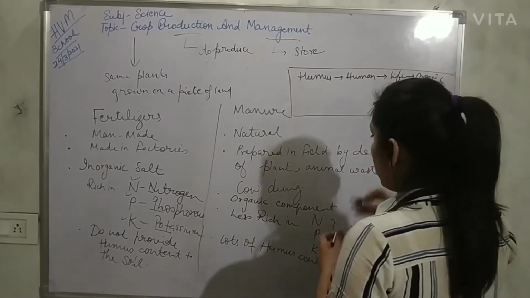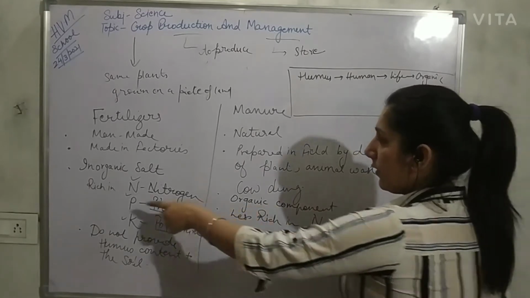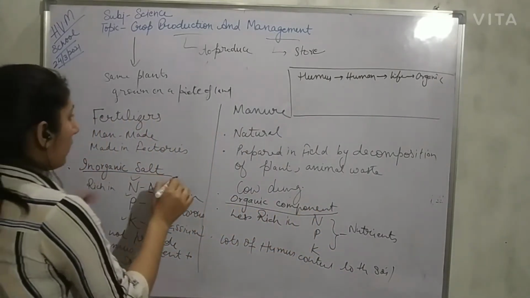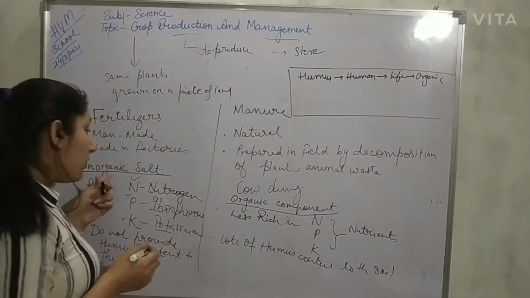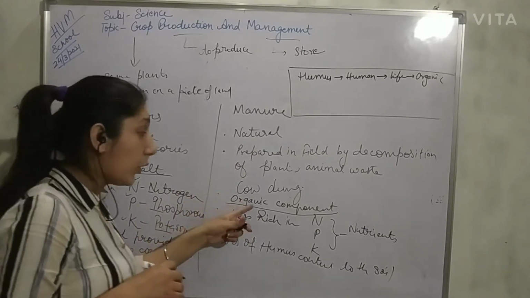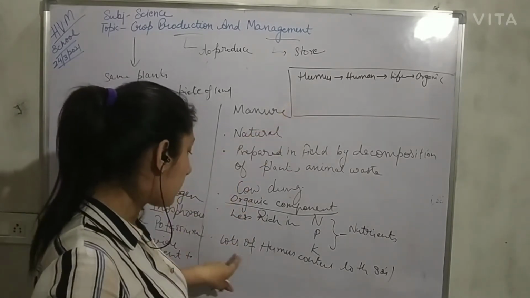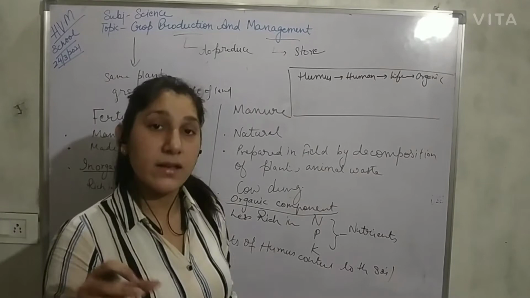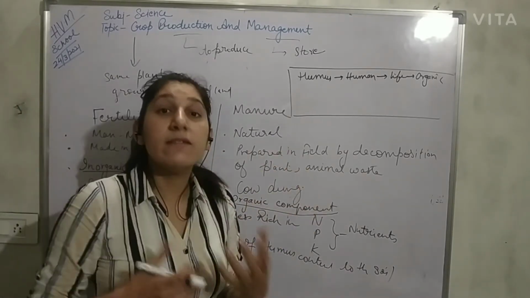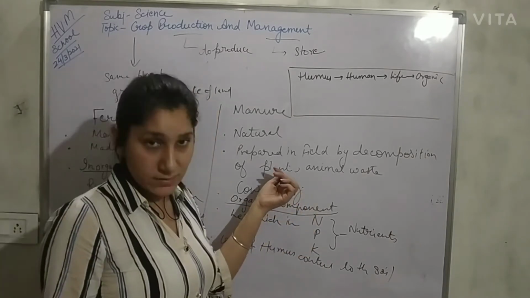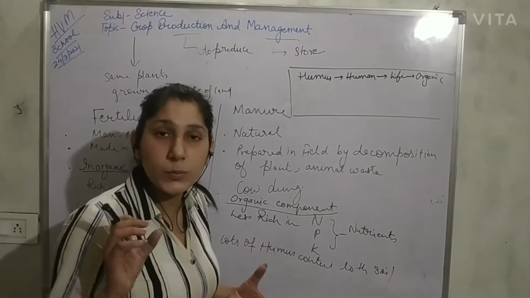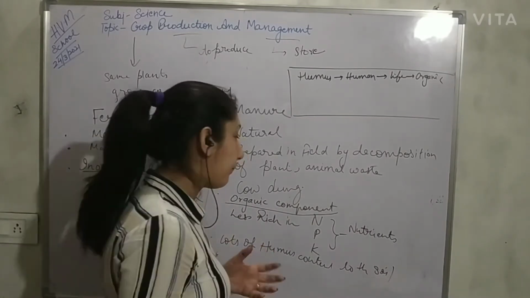And in the third point, we have mentioned that fertilizers are inorganic and manure is organic. So manure is organic, that is why it has lots of humus content in it, right? Because it is made up of living organisms like plants. They also have life. We have studied in the lower classes that plants do possess life in them.